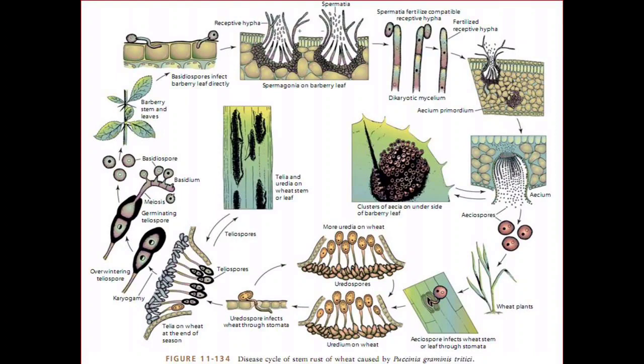Each cell produces sterigmata. Sterigmata are minute hair-like projections arising from the basidium, and on those sterigmata the basidiospores are produced. Each sterigma bears a thin-walled sporidium. It is known as a basidiospore. The basidiospores germinate by a germ tube and infect the alternate host, that is barberry.